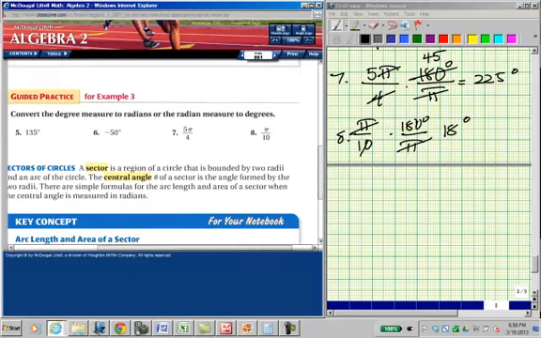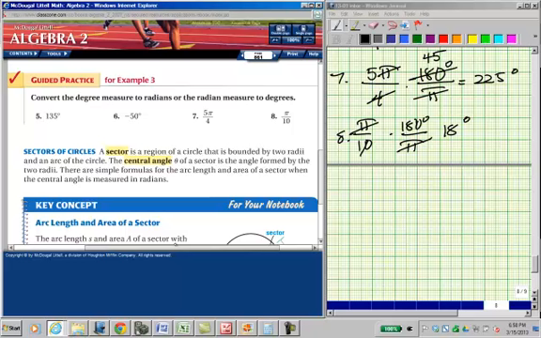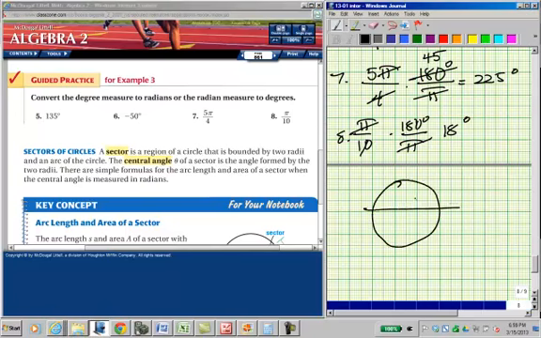All right. Now, sectors of circles. A sector is a region of a circle bounded by an arc. So, here's a circle. Okay, a sector would be like this, section of the circle, like that. That would be a sector. Okay?